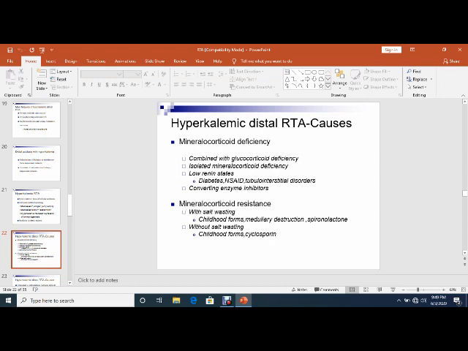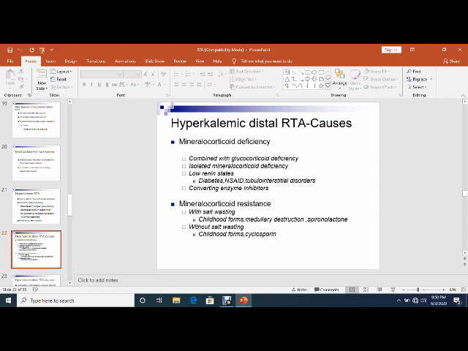Mineralocorticoid resistance: the problem here is due to mineralocorticoid aldosterone, either deficiency, which we discussed, or resistance. Resistance occurs with salt wasting in childhood forms, or medullary destruction, or problems in the medulla, or with drugs like spironolactone.